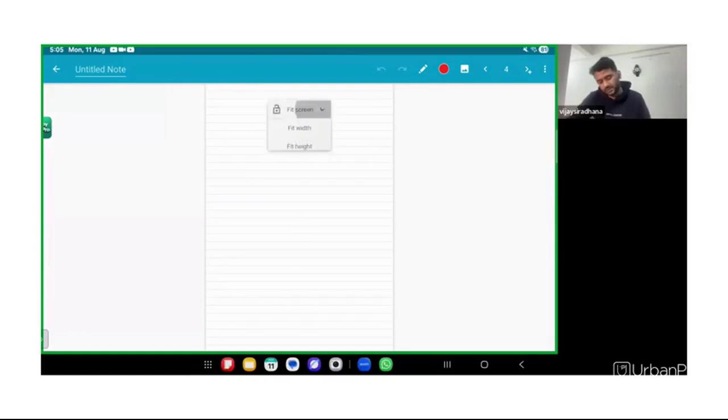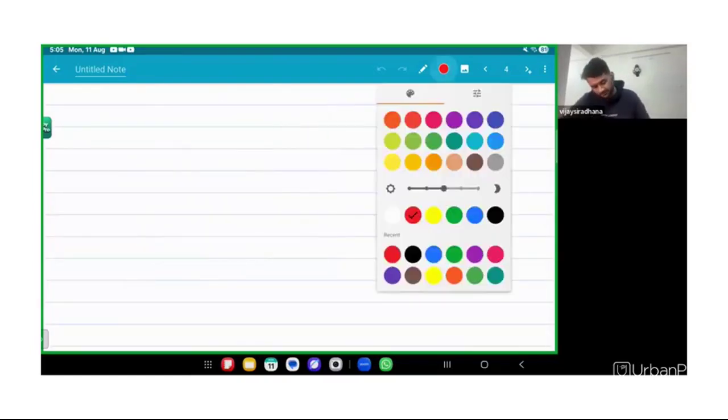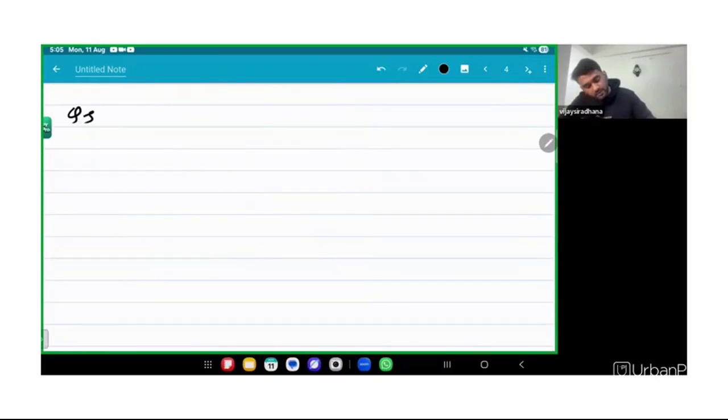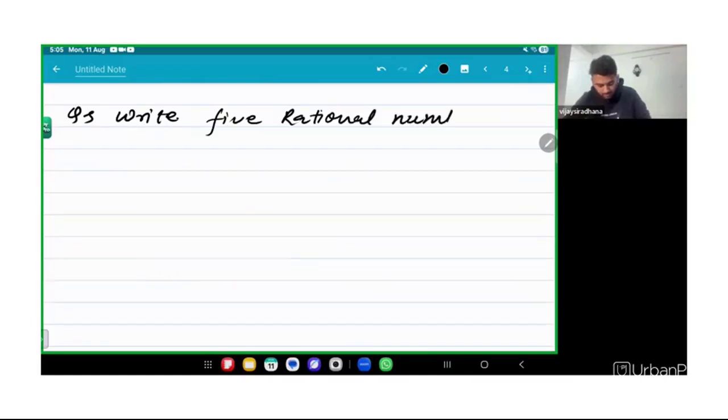So the question might be something like, write 5 rational numbers between 6 and 7.